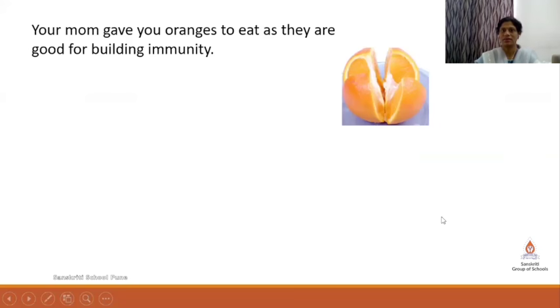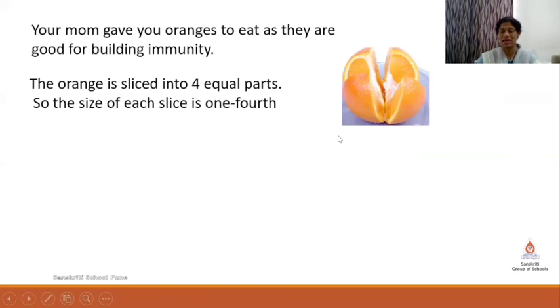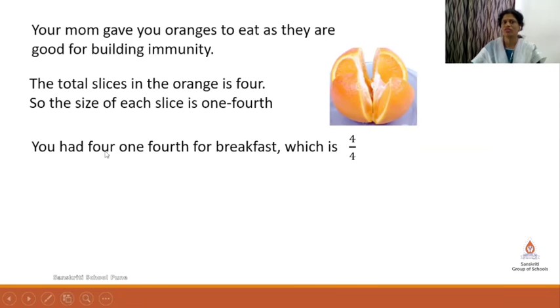Let's consider yet another example. Your mom gave you oranges to eat as they are good for building immunity. The orange is sliced into 4 equal parts, as you can see in the picture. The size of each slice is 1/4, is it not? Now, you had 4 1/4s for breakfast.